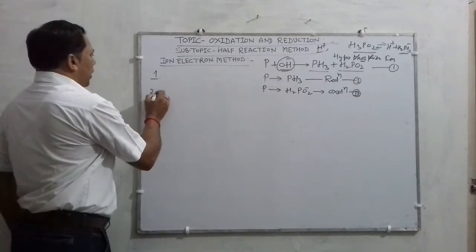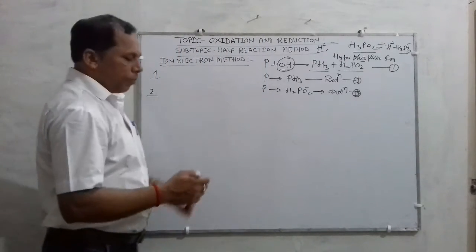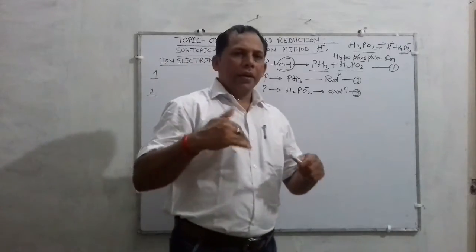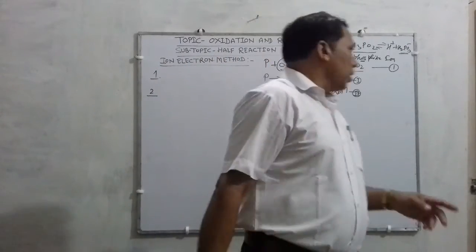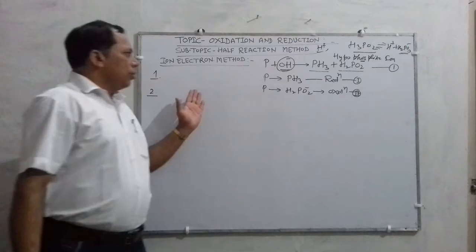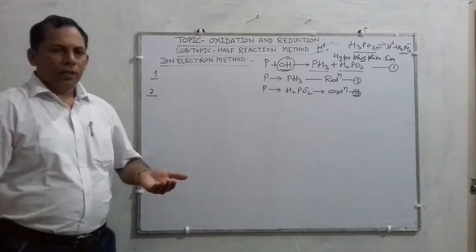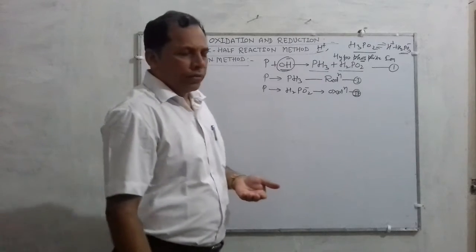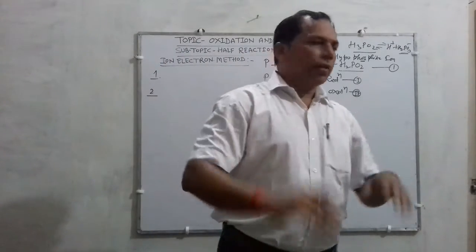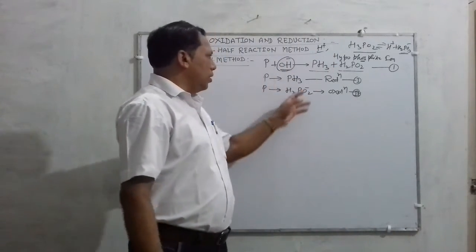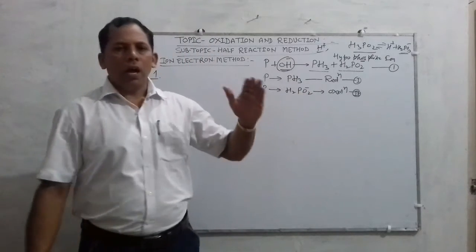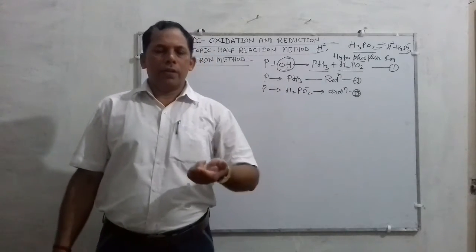Now come to the second rule, or second method. According to the second rule, the atoms in these half reactions other than hydrogen and oxygen are balanced first. Once again, listen: the atoms except hydrogen and oxygen are balanced first.